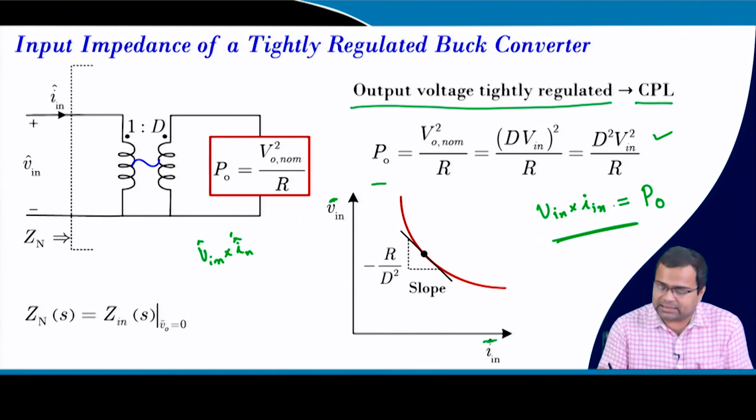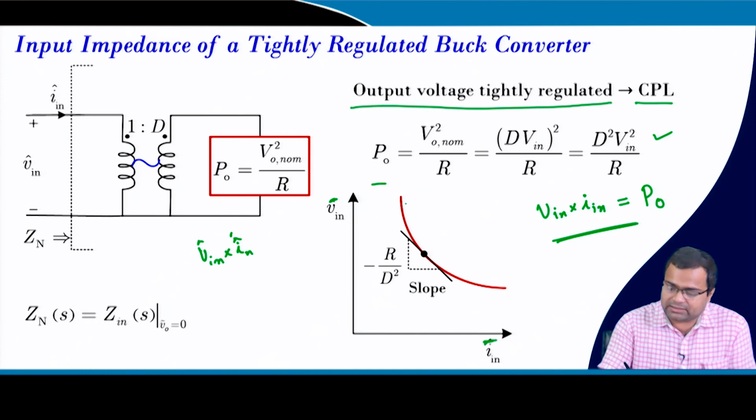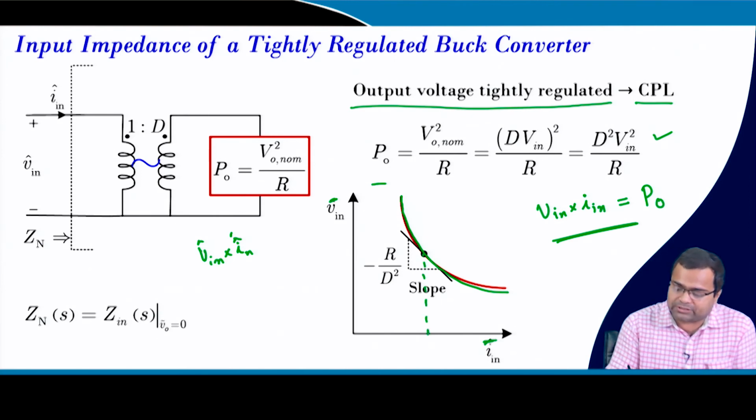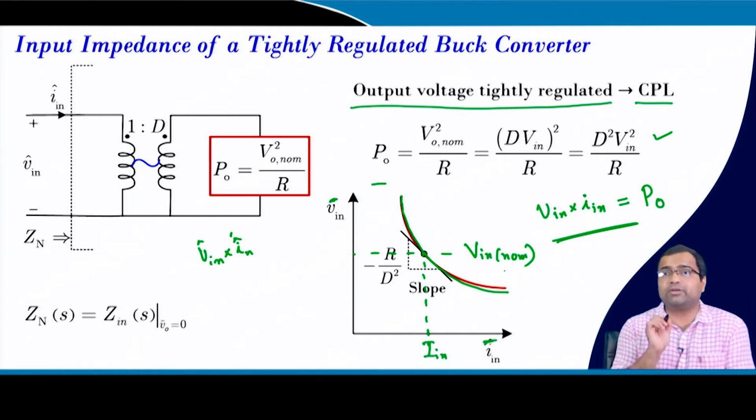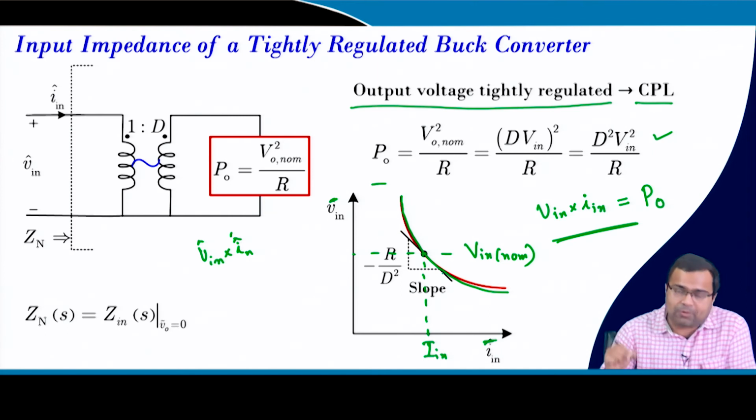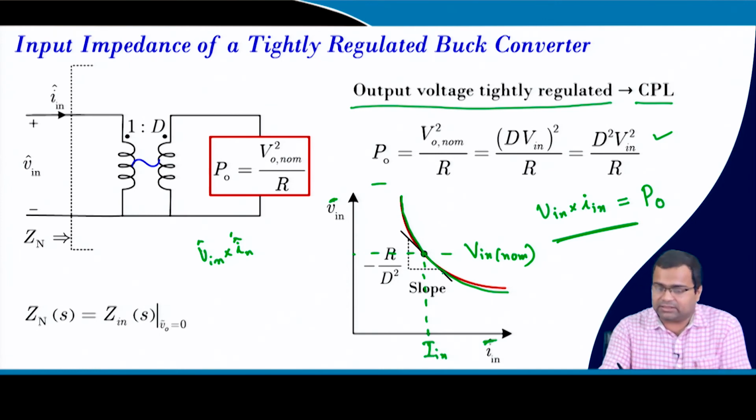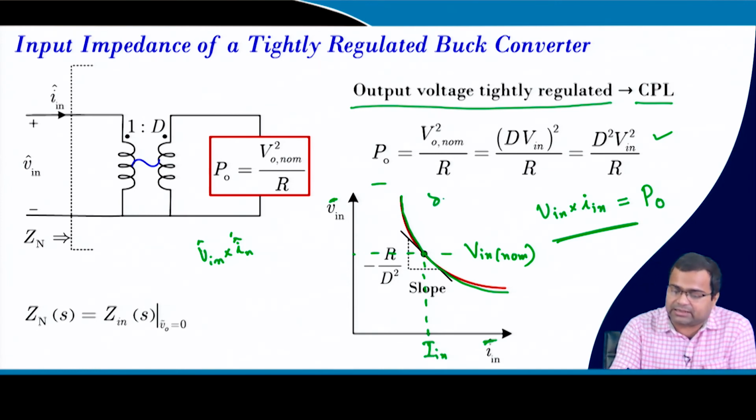So, under that case, if you draw current and voltage, they will look like a rectangular hyperbolic curve, right, because their product is constant. And at the operating point, this is our nominal input current and this is our nominal input voltage, this is my operating point, and if you take the slope of this curve, this will give us the incremental change, that means delta Vin by delta Iin.